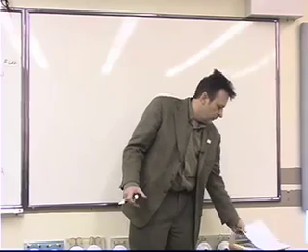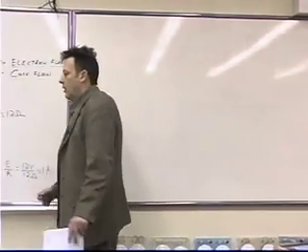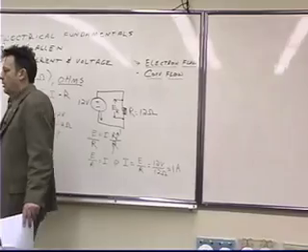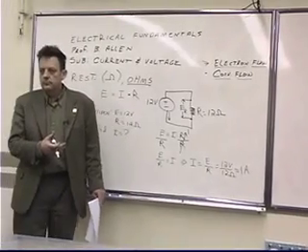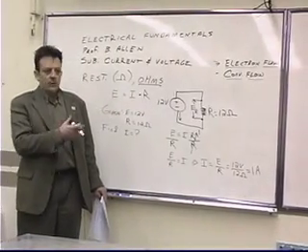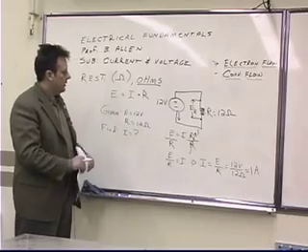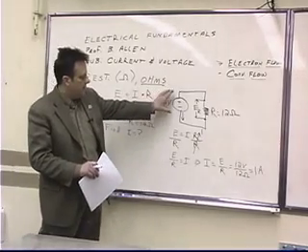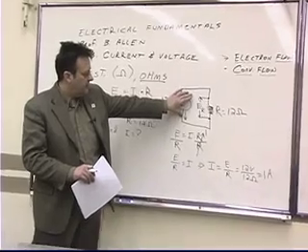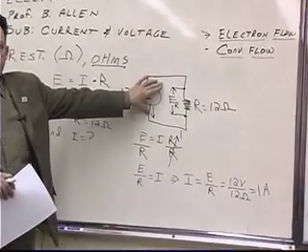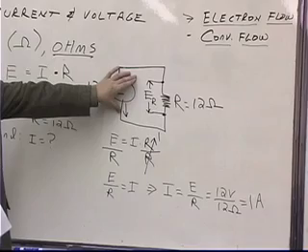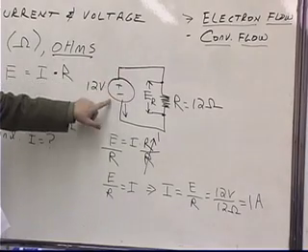Okay, are there any questions so far? In this circuit, we gave an example of a DC power source, like you'd find under the hood of your car, a lead acid battery, that was 12 volts.